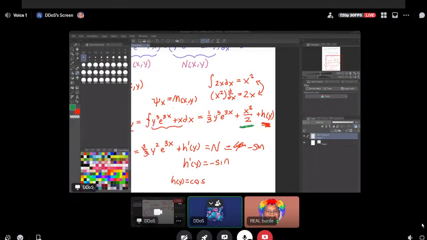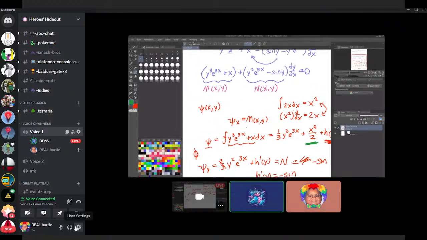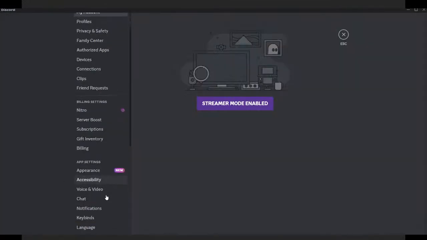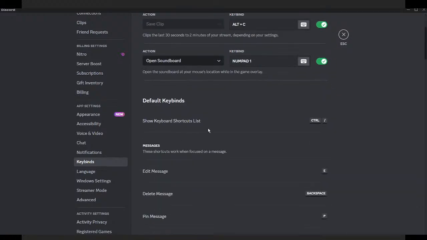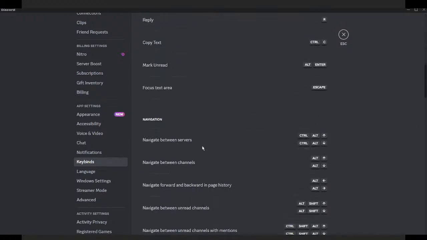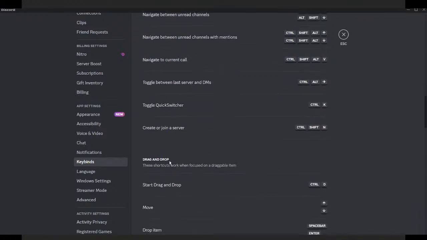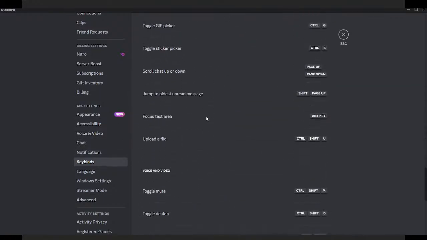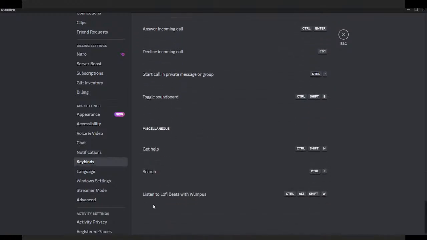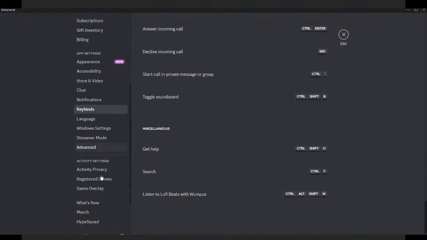Apparently we shouldn't have this. Weird. Why? I don't see why not. Yeah, this should be right. I think there's an error on the paper. But anyway, this is like an easier problem. Must be. Yeah.